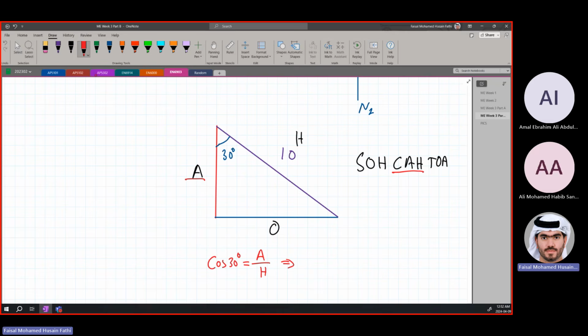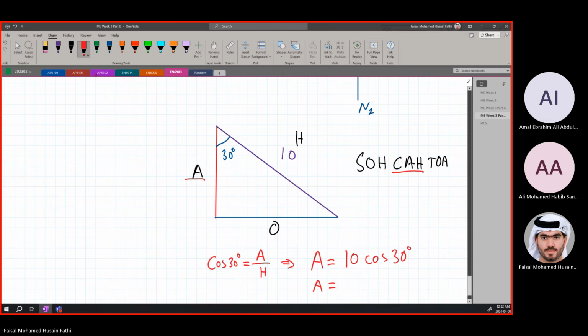So therefore, a is going to be equal to the hypotenuse, which is 10 cosine 30. So a is equal to 10 cosine 30, which is equal to 8.66 meters. Okay, we found our A.